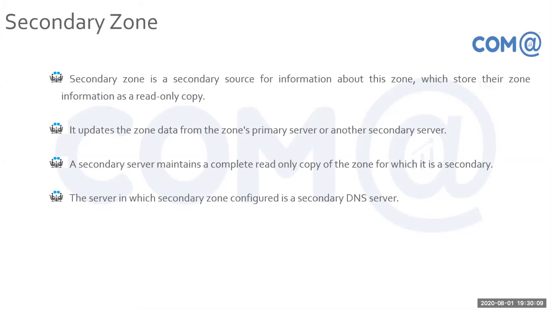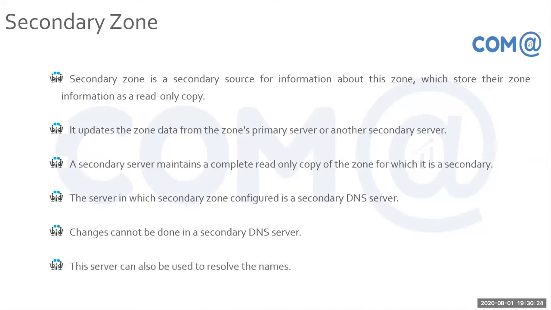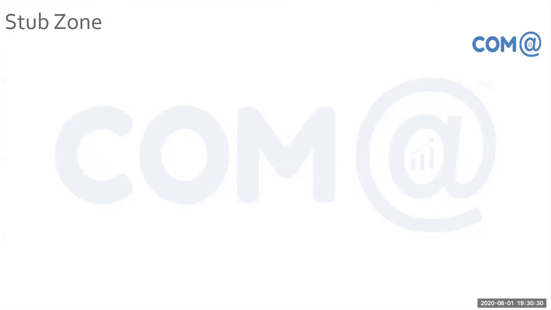A secondary DNS server maintains a complete read-only copy of the zone for which it is a secondary. The server in which the secondary zone is configured is a secondary DNS server, and changes cannot be done in the secondary DNS server directly. This server can also be used to resolve names.